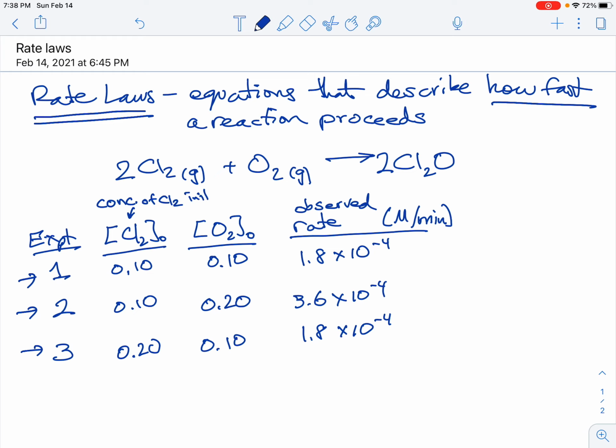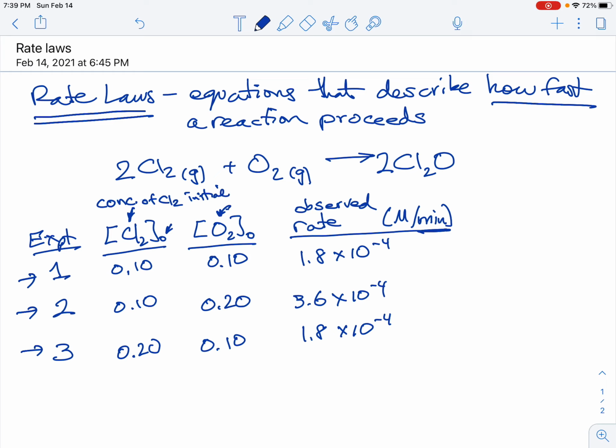That little 0 refers to time equals 0, when the experiment first begins. This column is the initial concentration of Cl2, this column is the initial concentration of O2, and the rate is measured and put in this column.